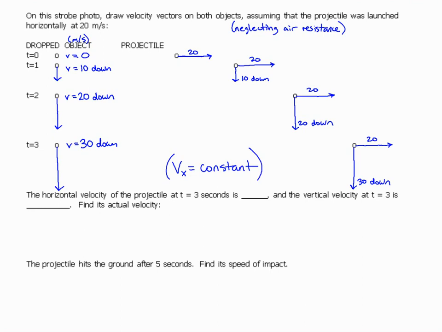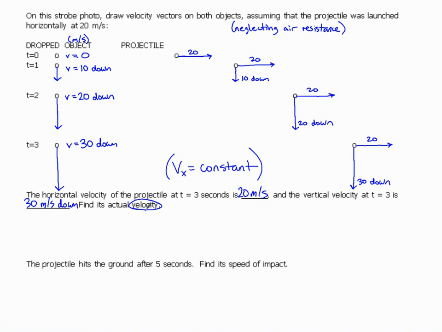So the horizontal velocity of the projectile at time equals 3 seconds is 20 meters per second. The vertical velocity at time equals 3 is 30 meters per second down. So now we're going to find its actual velocity. So here's how we do it.